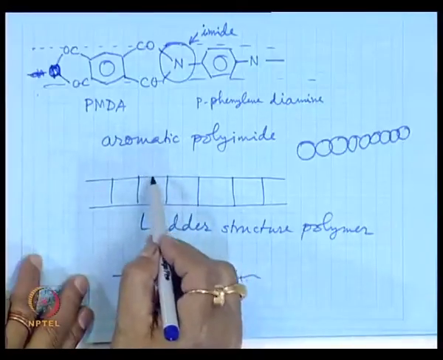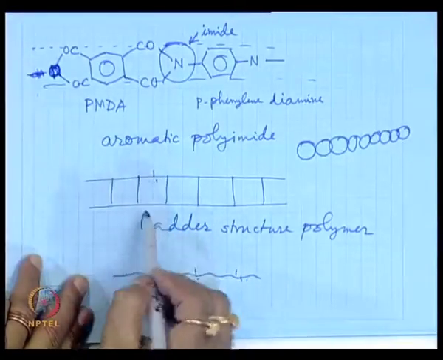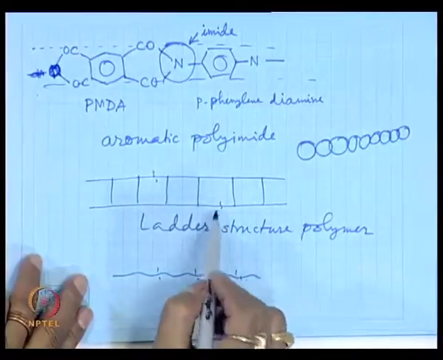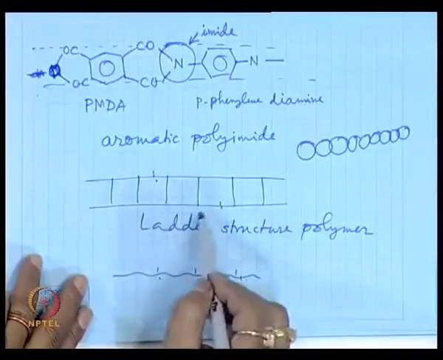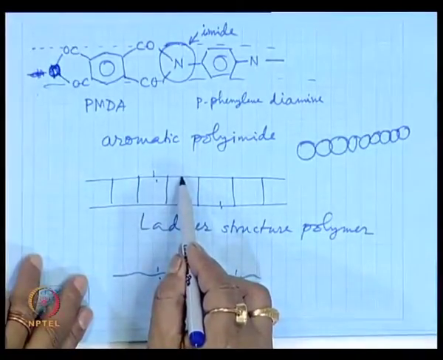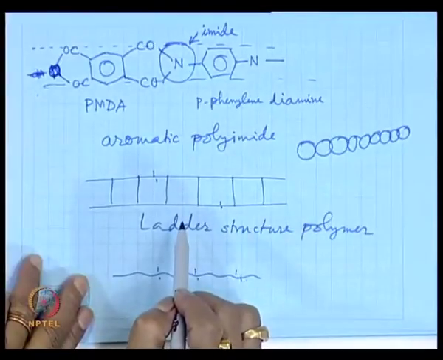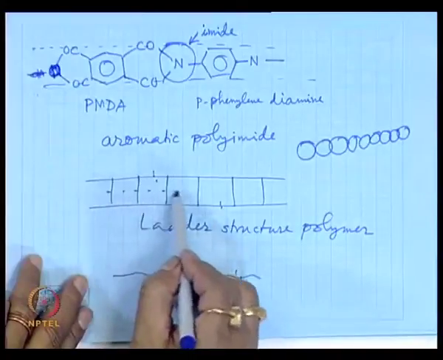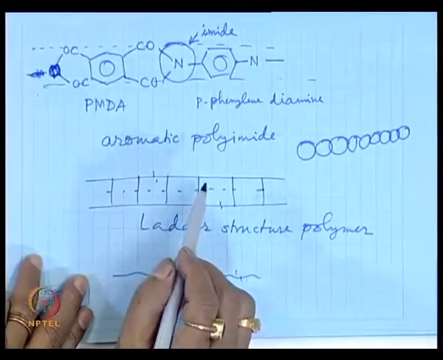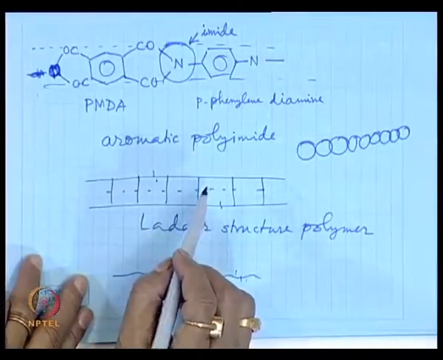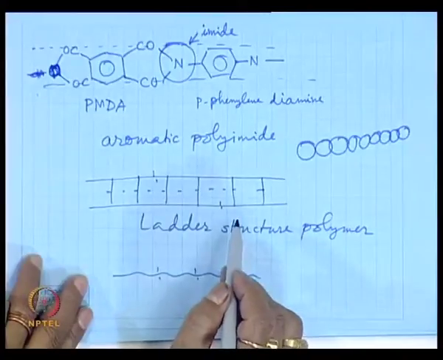But here, if breaking occurs at any one point, still the structure will be maintained, because this chain is linked to this chain by these interlinking ring structures. The probability is very less that this will break and all these interlinks will also be broken. That possibility is remote. That is why they have shown very high thermal stability.